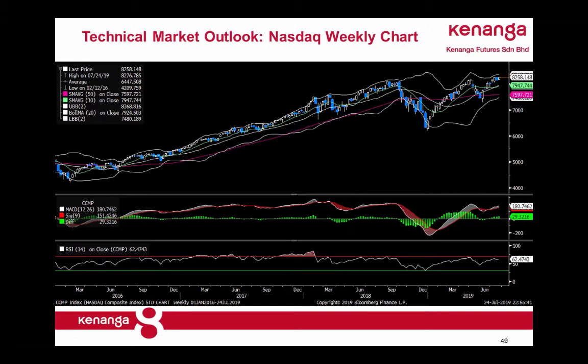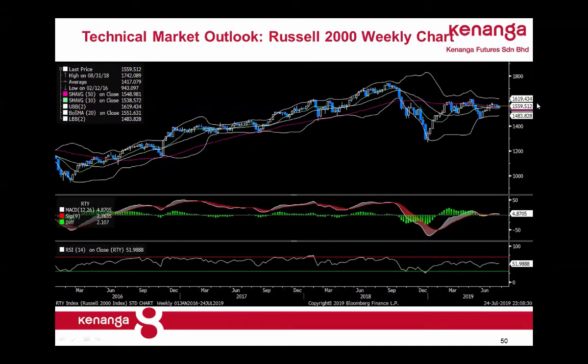This is reflected in the Nasdaq index itself, so it's still bullish overall. Having said that, the Russell 2000, the small cap sector, is not really doing well. It has failed to reach the high recorded last year, so it is pretty much in a sideways range-bound movement currently.